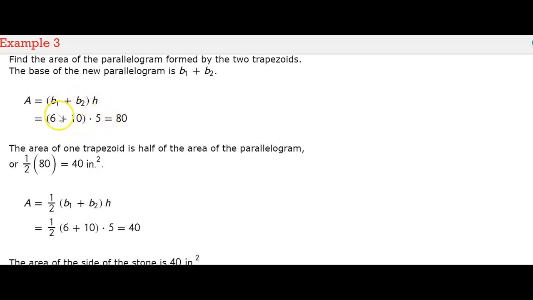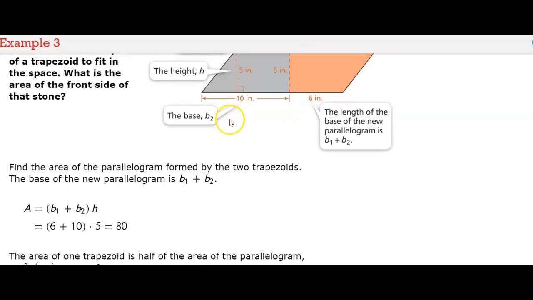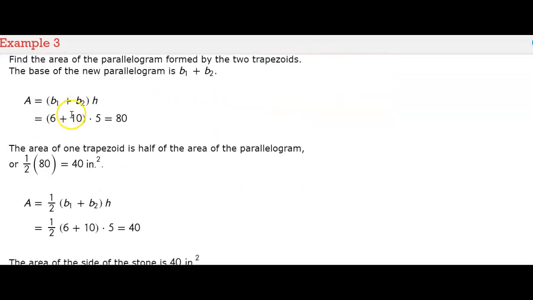So when they substituted the variables with numbers, you have 6 plus 10, which was the bases of both actual parts of the parallelogram, which are the two trapezoids, times 5. And the 5 is the height. So once you add 6 and 10, 16, and then 16 times 5 is 80.